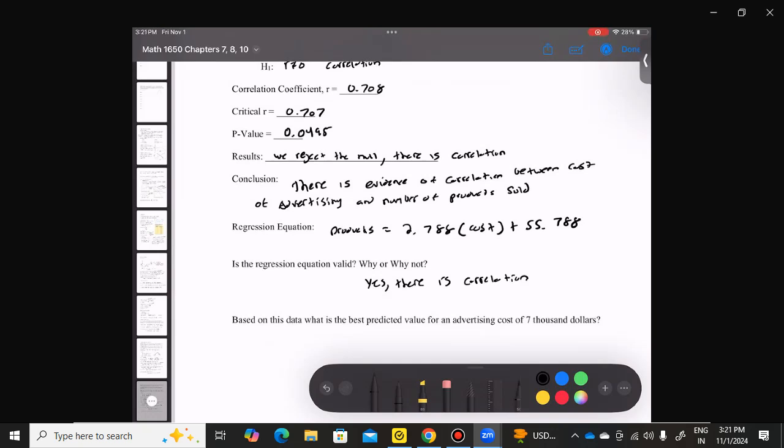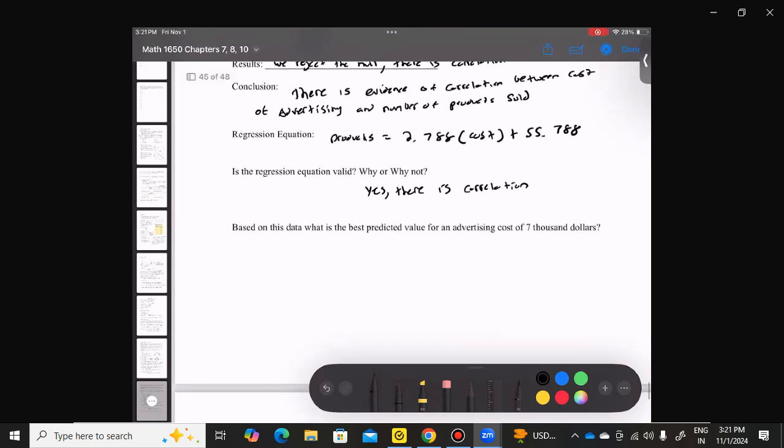If we want to know what we can expect for the number of products based on $7,000 in advertising, it's going to be 2.788 times the 7 in advertising. We'll only put in 7 because of how our data was used, just the number in front, not including the thousands.